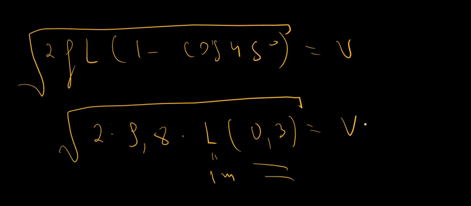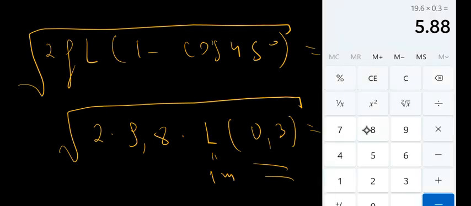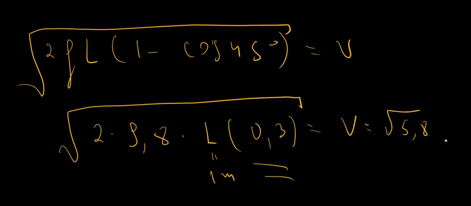So the v will be equal to square root of 5.8. Let's see how much it will be. It will be 2.4. So the velocity equal to 2.4 meters per second. This is the final answer.